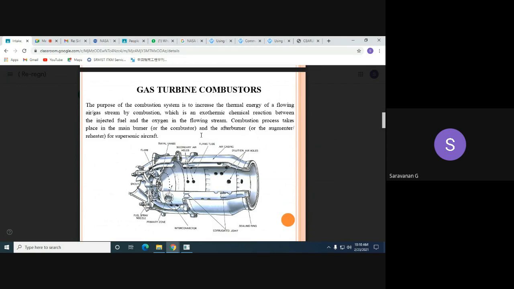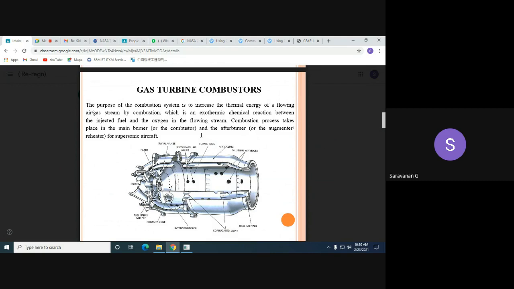This is an exothermic reaction. Combustion is always an exothermic reaction. What do you mean by exothermic reaction? Which gives away heat. Yes, it gives away or liberates heat.